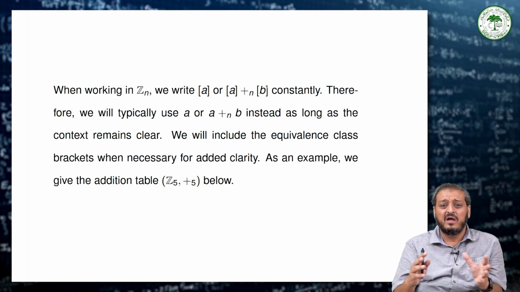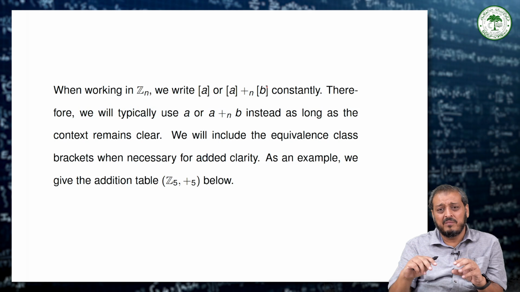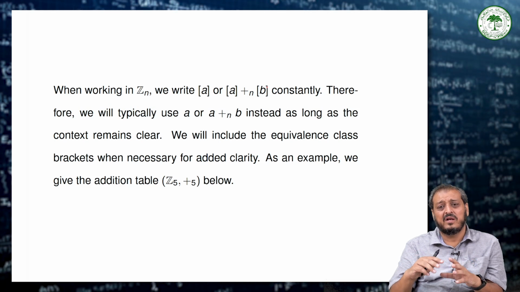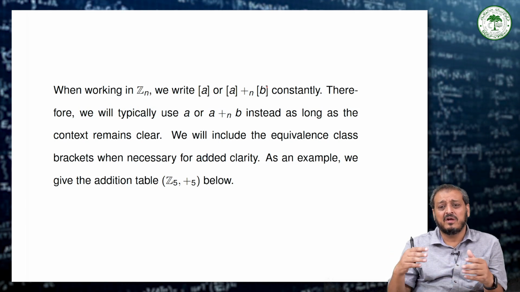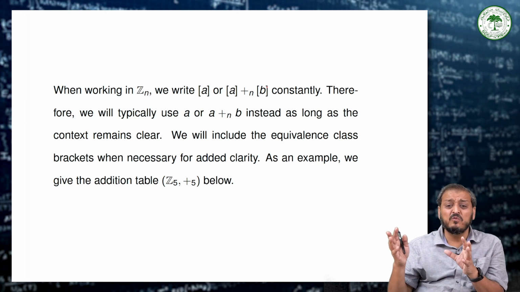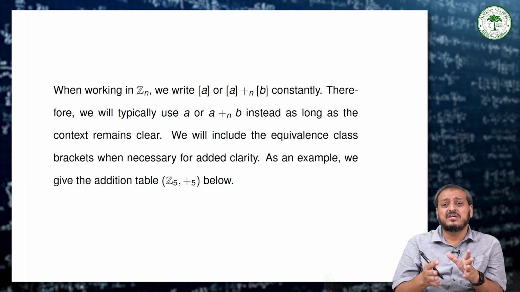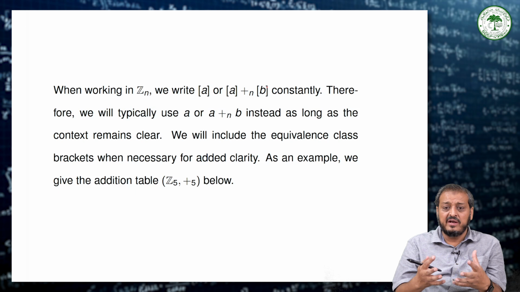Therefore we typically use simply A or A plus underscore B, as long as the context remains clear. Whenever necessary, we include the equivalence class brackets for clarity.